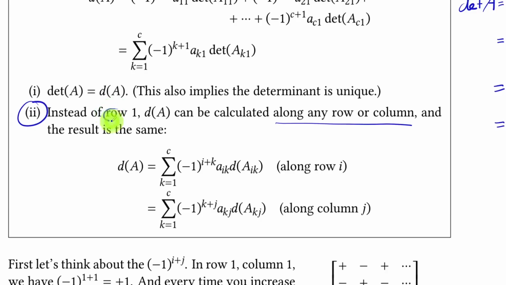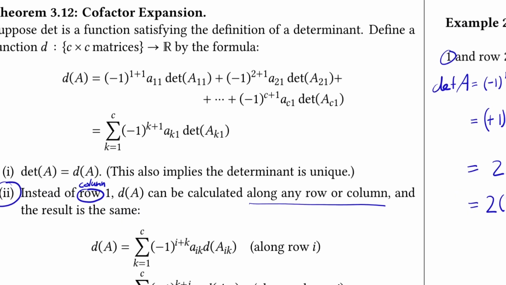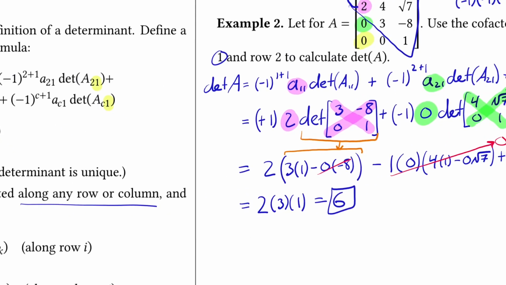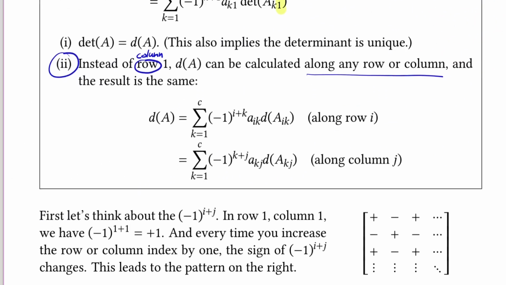This says row 1, but that should say column 1, because what this is telling you to do is go along column 1 here, like we just saw.